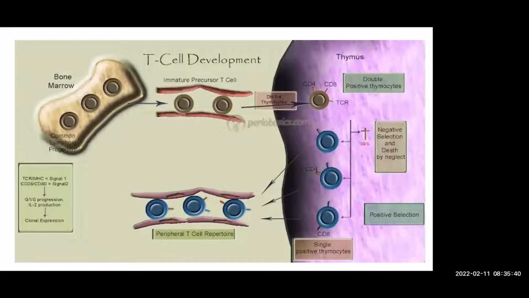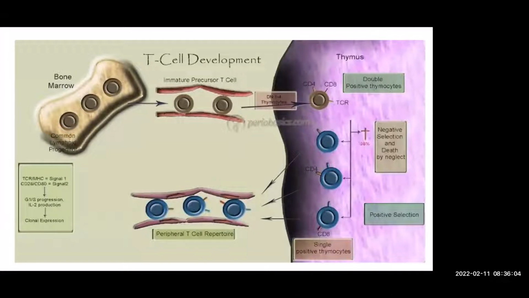These common lymphoid progenitor cells present in the bone marrow travel through blood to reach the thymus. The earliest cells which enter into the thymus are called thymocytes. Once they reach the thymus, the subsequent development and acquisition of function of T cells occur in the thymus.